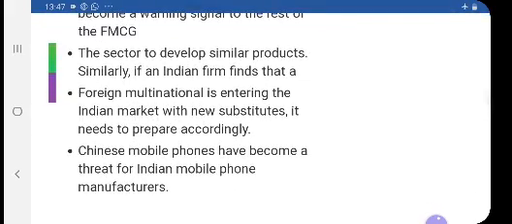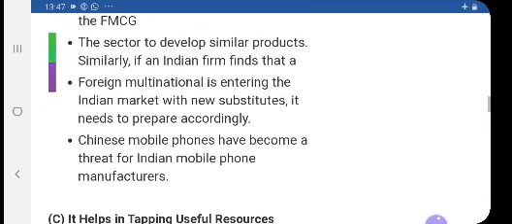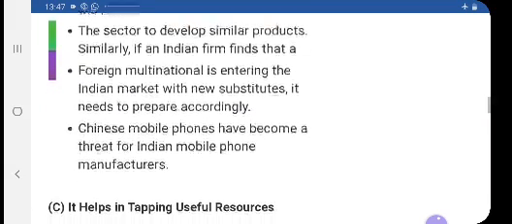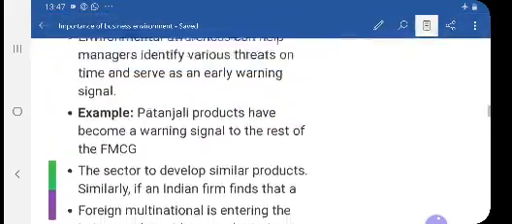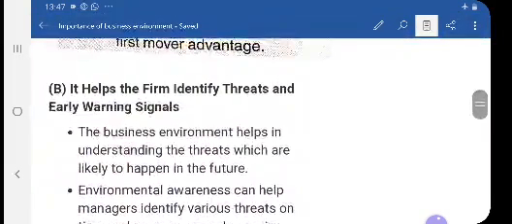Similarly, if an Indian firm finds that a foreign multinational is entering the Indian market with a new substitute, it needs to prepare accordingly. And like Chinese mobiles have become a threat for Indian mobile phone manufacturers. So these are some of the reasons how it is a threat and early warning for the companies.